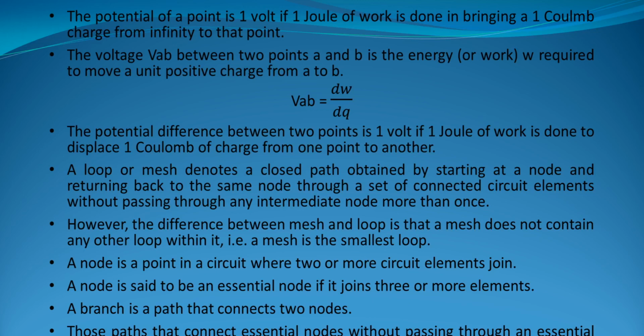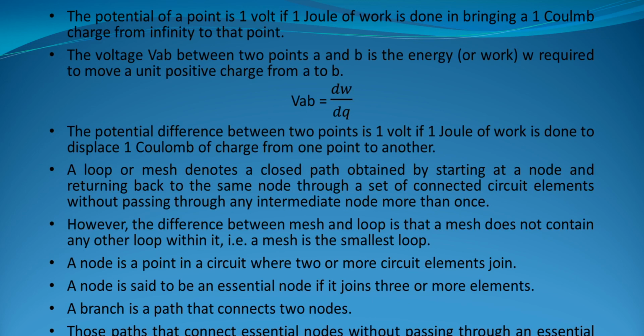Okay, the voltage between 2 points A and B, that's what we are talking about. So these 2 points A and B come in suffix, so that we can know which 2 points we are talking about. The voltage VAB between 2 points A and B is the energy or work W required to move a unit positive charge from A to B.